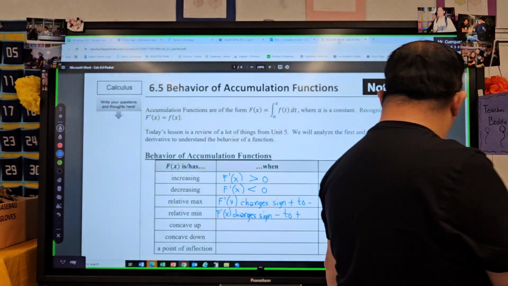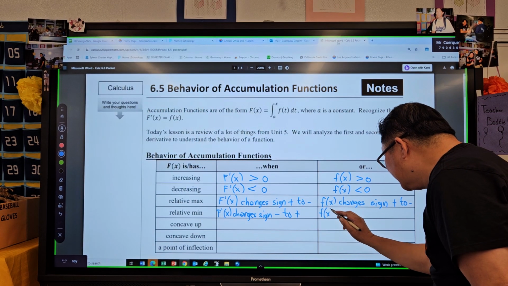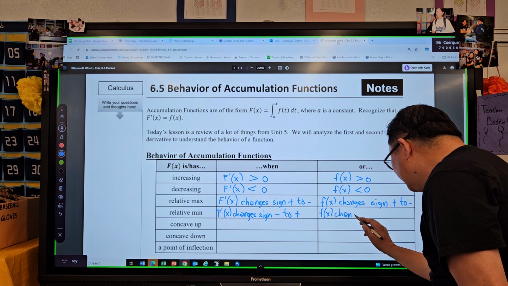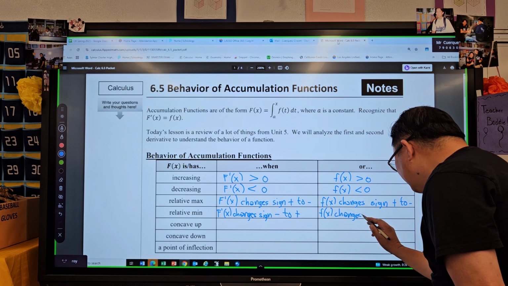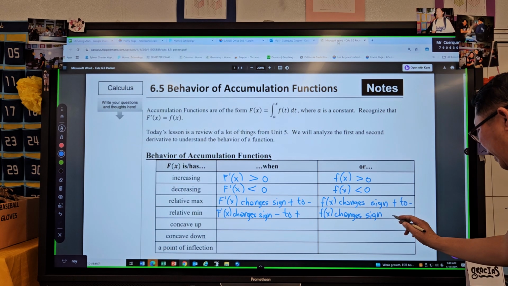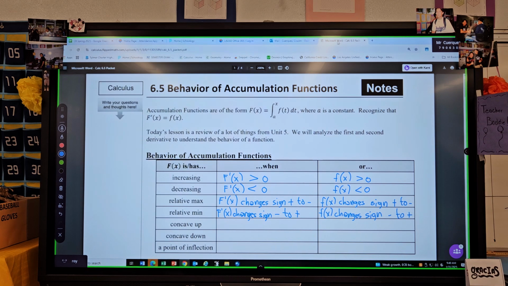Same thing on the f of x. So f of x changes sign from negative to positive. How about its concavity?